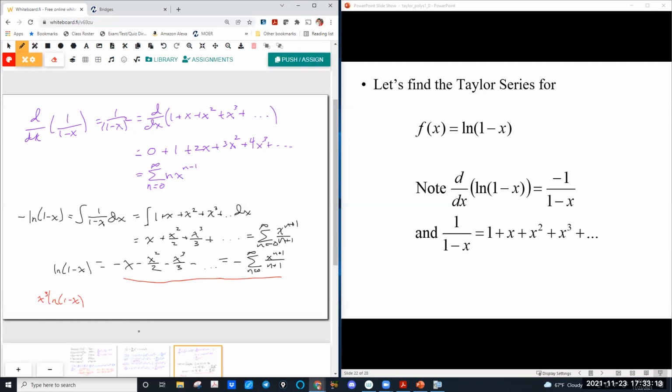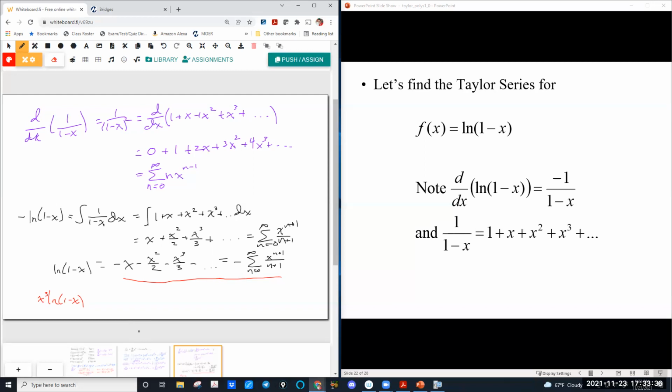And the reason I want to show you all of these is not because we're going to do a ton of them. We'll do a few, and it's usually pretty obvious. If the derivatives look like they're going to get really messy really quick, what you want to look for is, hey, is this a multiple or a composition or a derivative or an antiderivative of one of our basic ones?